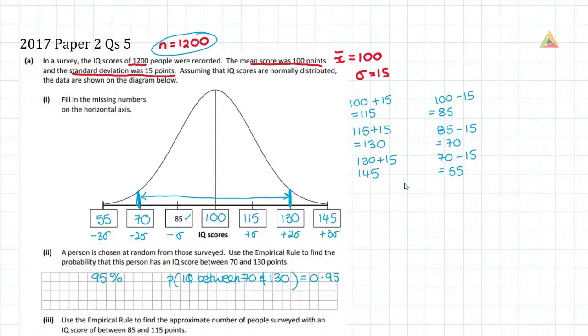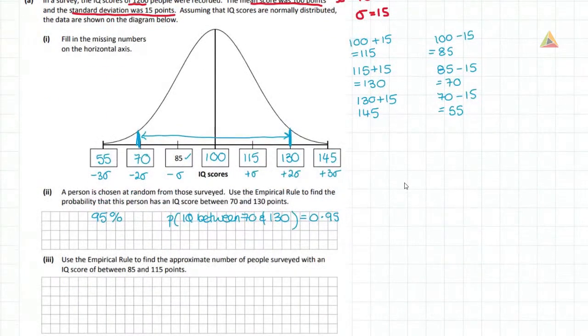And the last part then is use the empirical rule to find the approximate number of people surveyed with an IQ score of between 85 and 115. So 85 is here, 1 standard deviation below the mean, and 115 is here, which is 1 standard deviation above it.